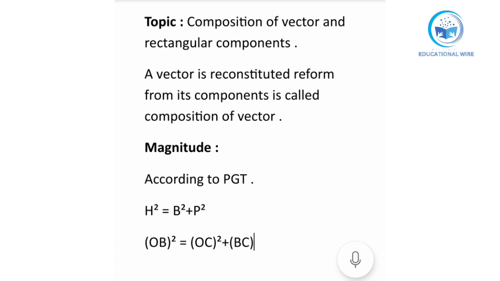I am writing this all from the diagram that I made earlier. After that, OB is equal to the magnitude, so A squared is equal to AX squared, and then add AY squared.